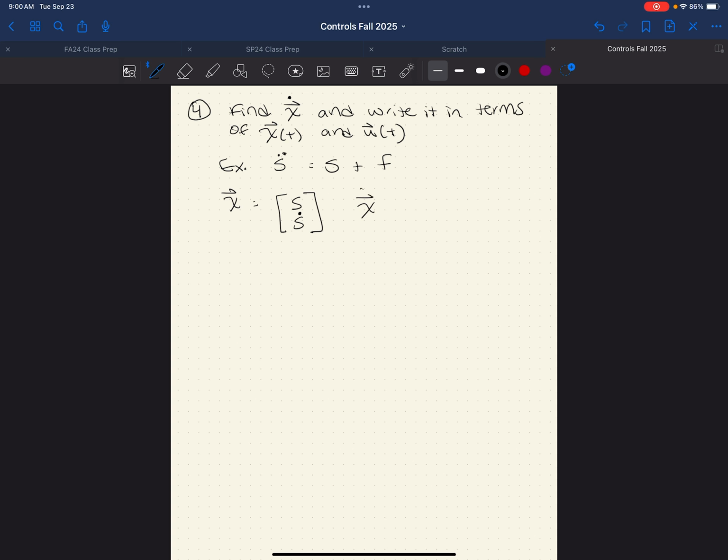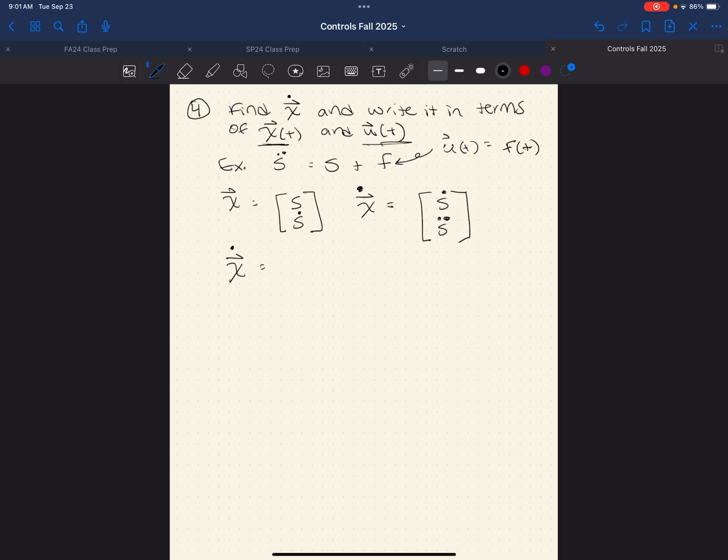So x dot is just the time derivative of each of these quantities. So this is really just s dot, s double dot. All right, but I want to write this in terms of x and u. So I could say that x dot is equal to, and actually for this system, let's say that this f here is our control input, this force.